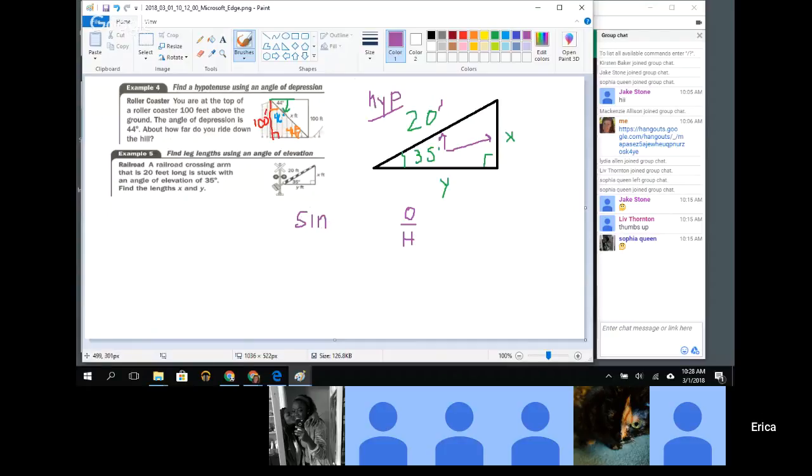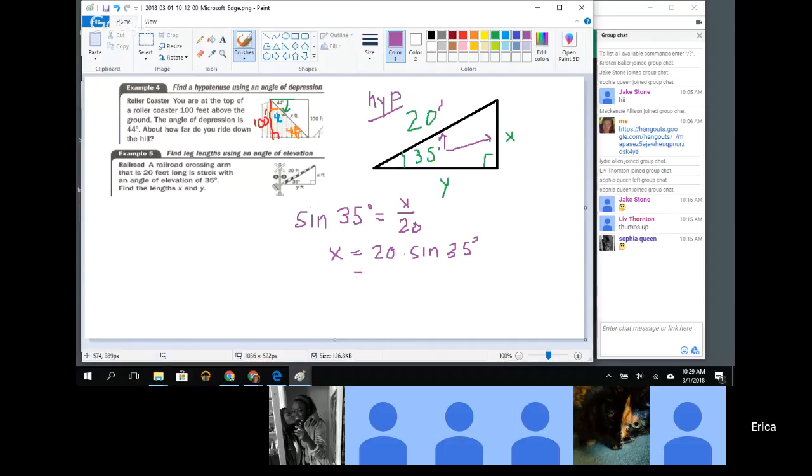So the sine of 35 degrees equals my opposite side, which is X, over my hypotenuse, which is 20. So that means that X equals 20 times the sine of 35 degrees.